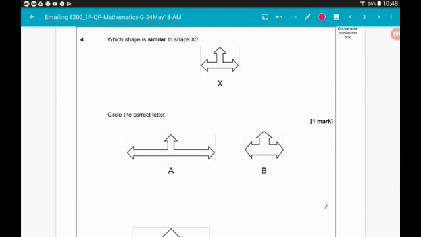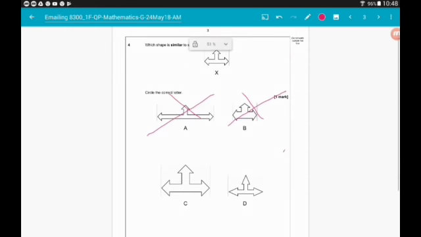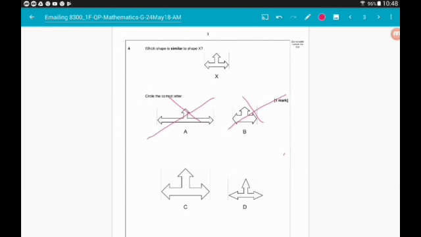So we can see with A, we've got longer from left to right, but the arrow pointing up hasn't got longer, so it's not A. For B, we can see the shape has sort of got thicker, but it hasn't got longer, so it's not shape B. If we have a look at C, we can see that that has got thicker and longer, left, right, and upwards.